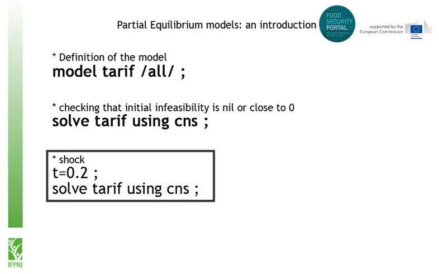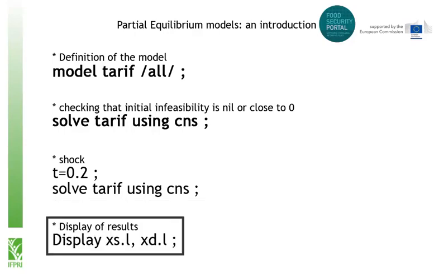But right now we should have something different, because we have one parameter which has changed from 0 to 0.2. This is the import tariff, from 0% to 20%. So we type t is equal to 0.2, and then we ask for a new solve. And of course we should have an initial infeasibility which is different from 0, and the solver will find a new solution for the endogenous variables.